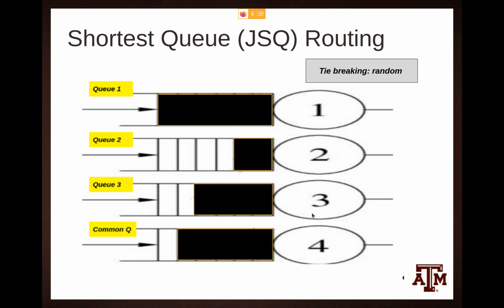And because there are three replicas, there will be three machines. So these are the queues related to the machines that the master maintains, and there is also the common queue. Now we see that all these queues are filled to different extents. We see that Q2 is the least full, or least occupied.